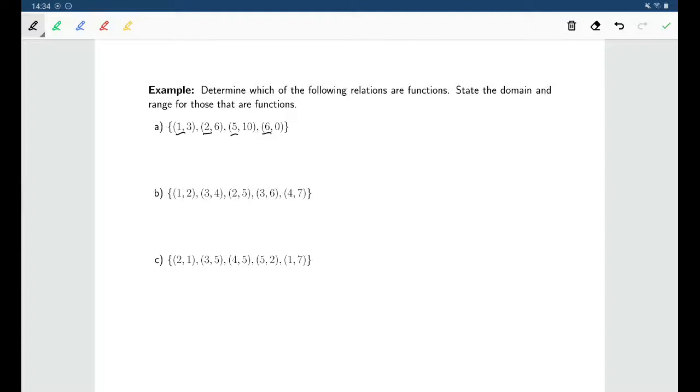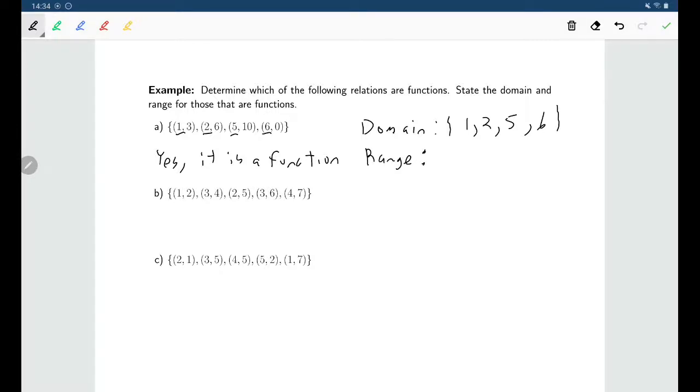So this is a function. And if we're thinking about our domain, that would be the set of all of our input values. So we have 1 and 2, and there's a 5, and there's a 6. And then when we think about our range here, the values that we actually see as our output values, there's a 3, there's a 6, there's a 10, and there's a 0.